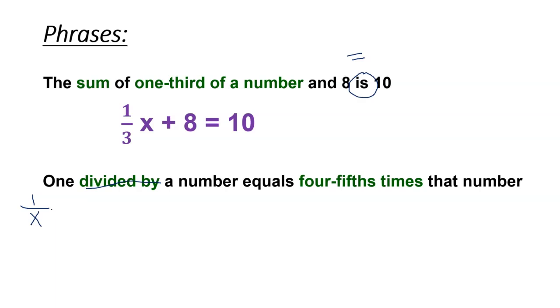I'm going to use x, and that equals 4/5, which is a fraction, and then times that number, meaning the one we used already, x. Again, you can choose to write x on the top or in the middle. Here's another way that I showed you. 1/x equals 4/5 times x.